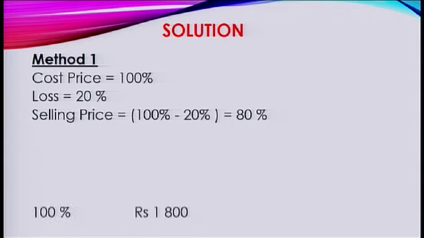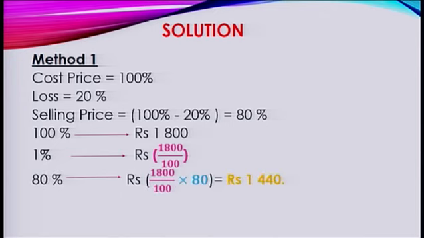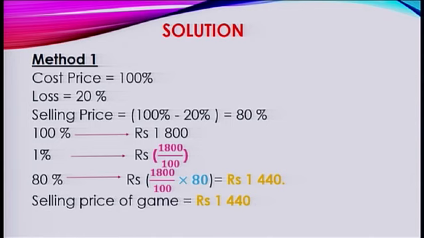But we know that 100% is 1,800 rupees, right? So for 1%, 1,800 divided by 100. And for 80%, it will be 1,800 divided by 100 times 80. That is 1,440 rupees. We can say that this represents the selling price of the game.